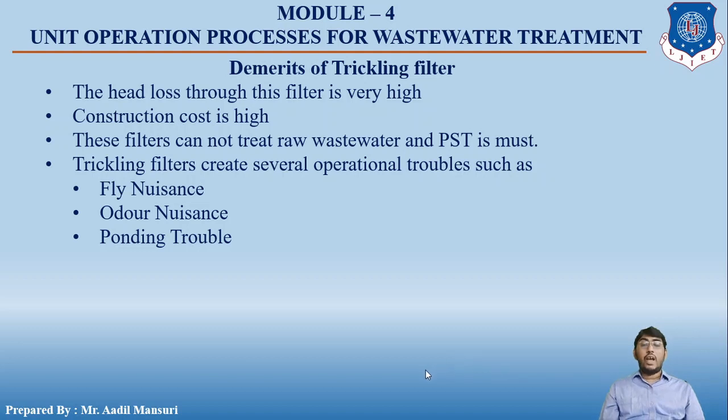This is due to heavy growth of algae and fungi. Algae can be controlled by adding copper sulfate and keeping the medium wet with copper sulfate containing wastewater. Fungi can be killed by chlorination of wastewater. So these are some of the demerits of the trickling filter.